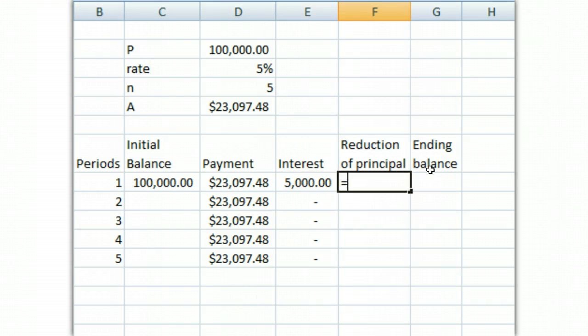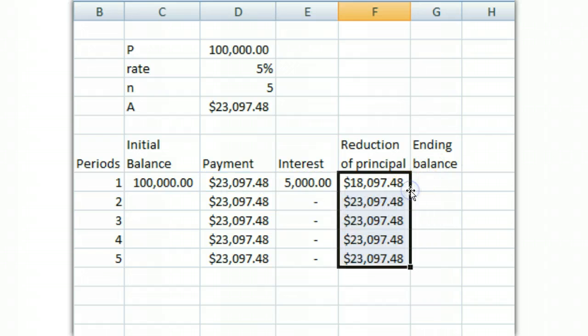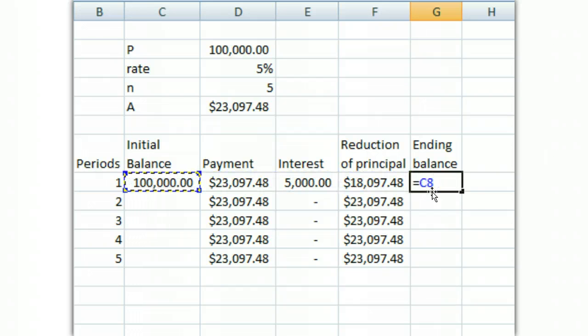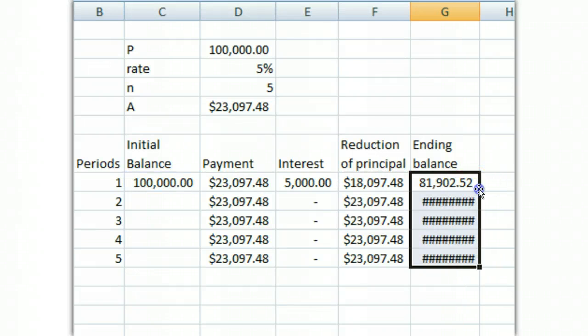The reduction of principal is always going to be the total payment minus the interest, and the ending balance would be the initial balance minus the reduction of principal, and we can copy that formula.